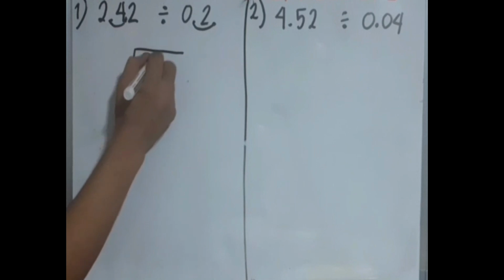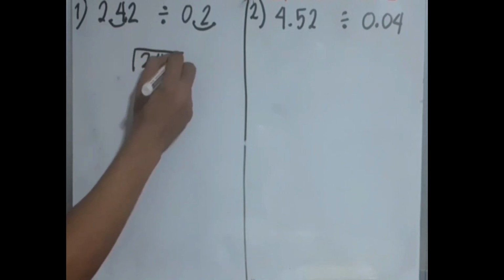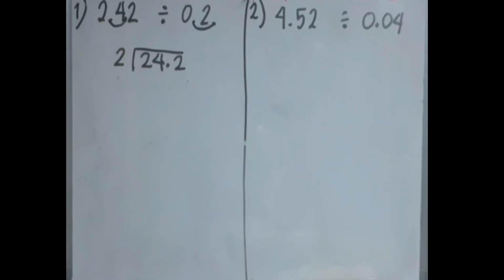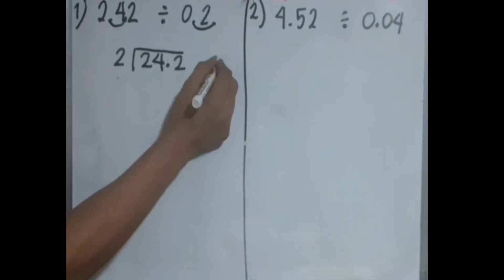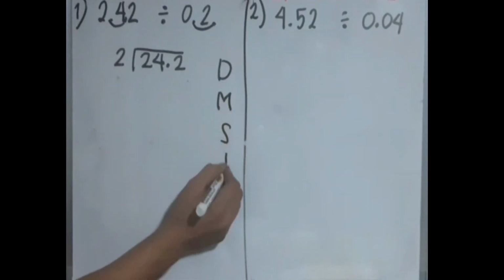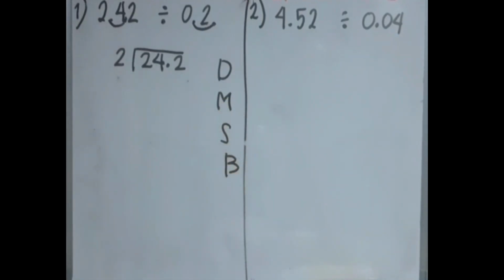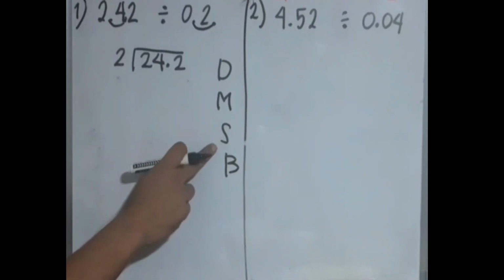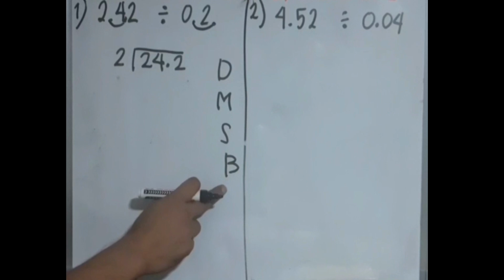So, we have 24 and 2 tenths divided by 2. Let us divide this using the D, M, S, B. D means divide, M multiply, S subtract, and B bring down.